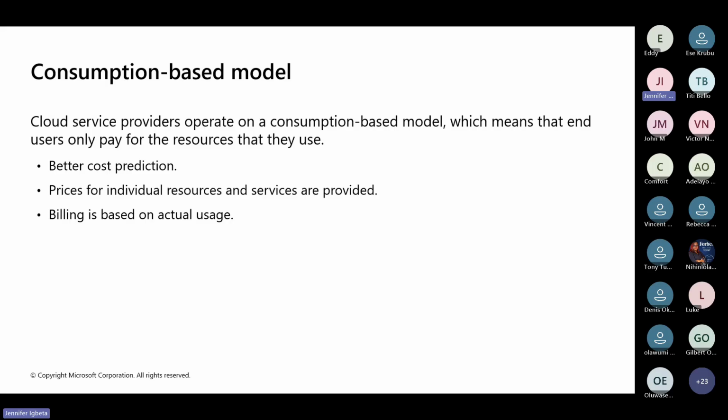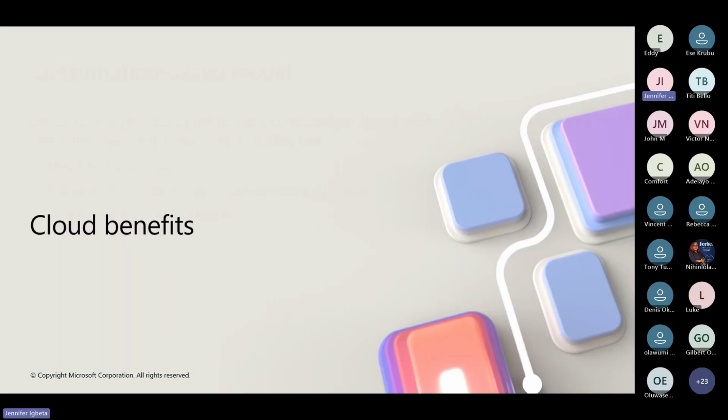For example, if you purchase a virtual machine, the data disk, that's like your C drive on your physical computer, even though the virtual machine is not turned on, Microsoft will still charge you, but just a little bit. So billing is based on actual usage.